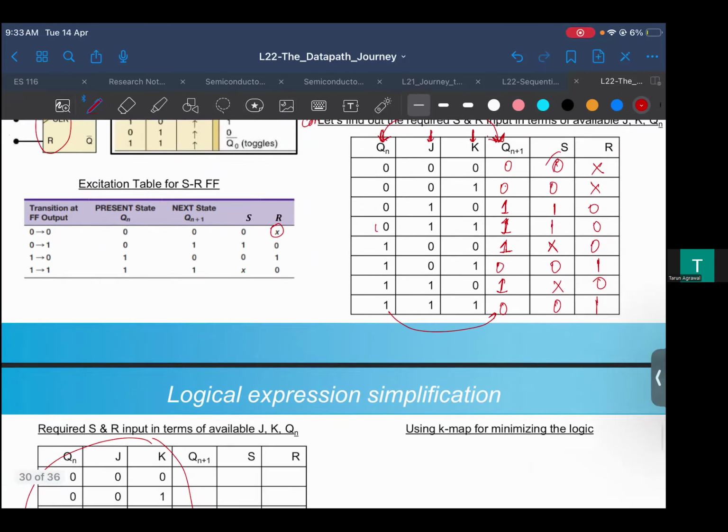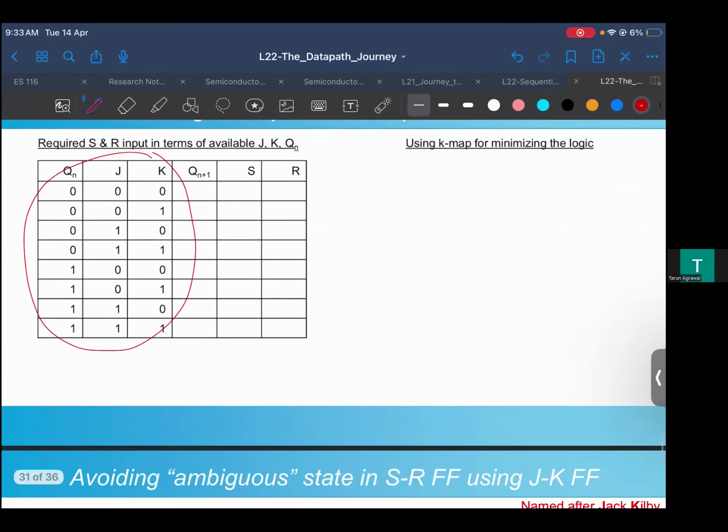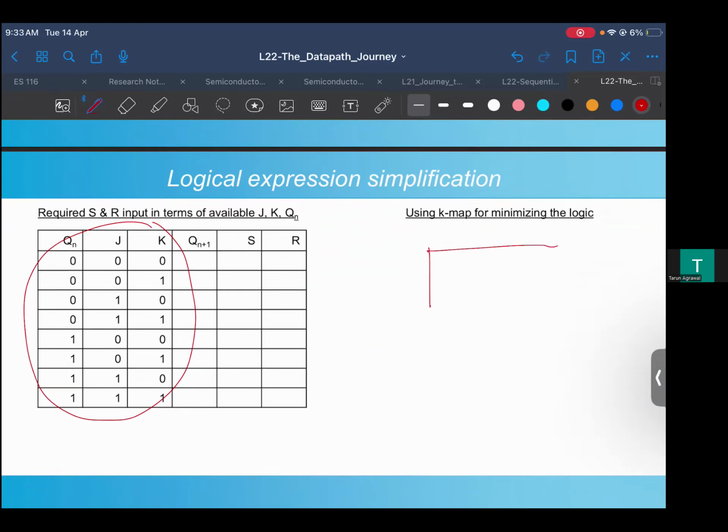So when you have this available, you can now figure out what is happening in my S and R, right? That means you are making one table for S and one table for R. And how many inputs do you have? You have three inputs, one of which is Qn, so you have 8 entries.